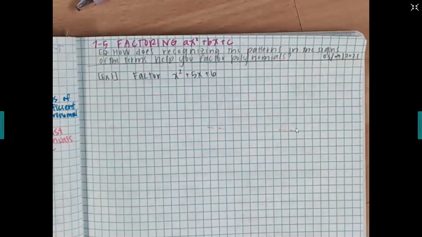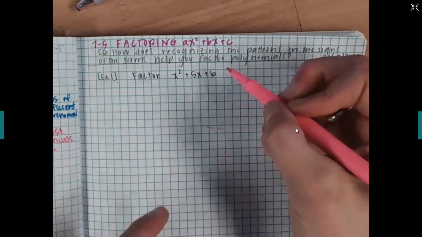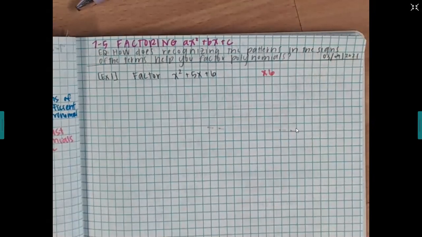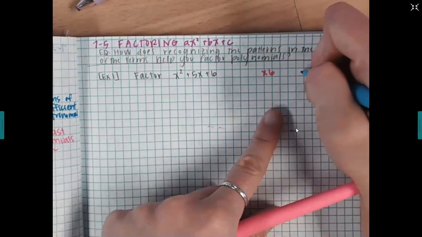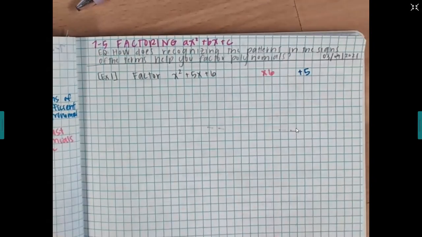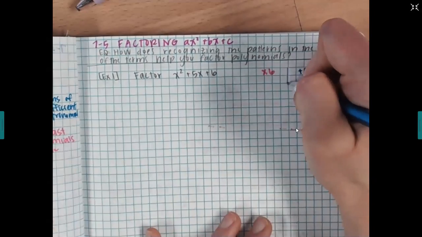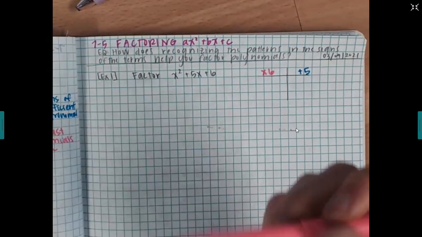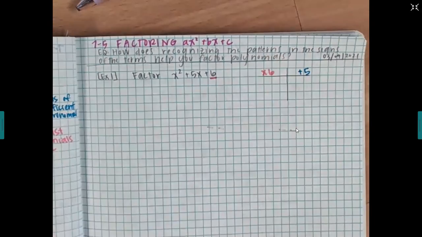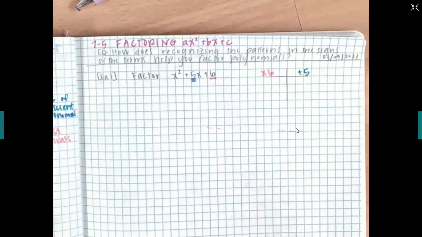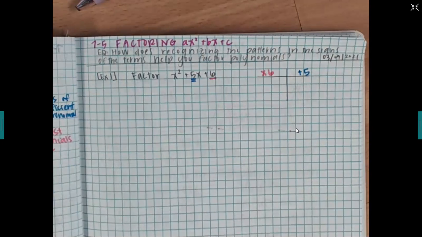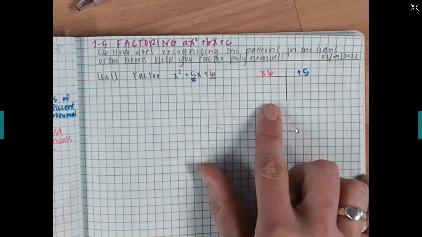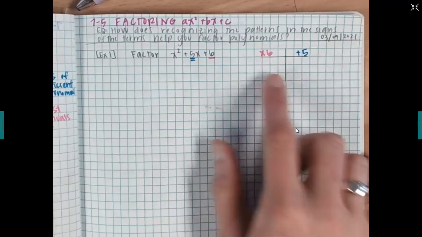So what we're thinking about here is what multiplies to get 6, and what adds to get 5? Okay, so we know that we get this C term by multiplying and adding to get 5. So let's start by always listing the factors of this multiplication.